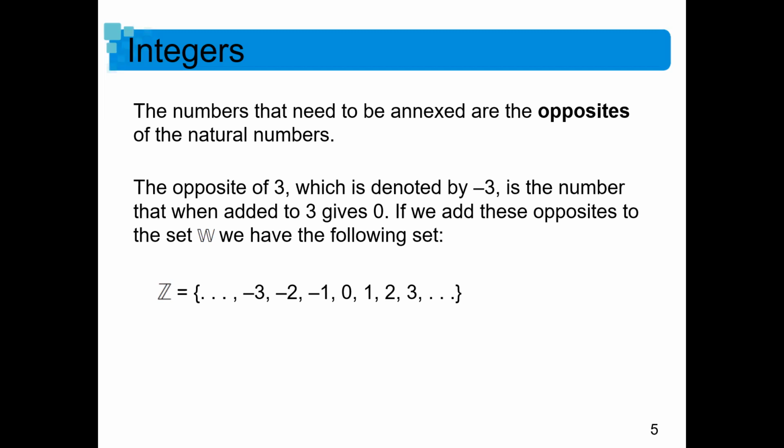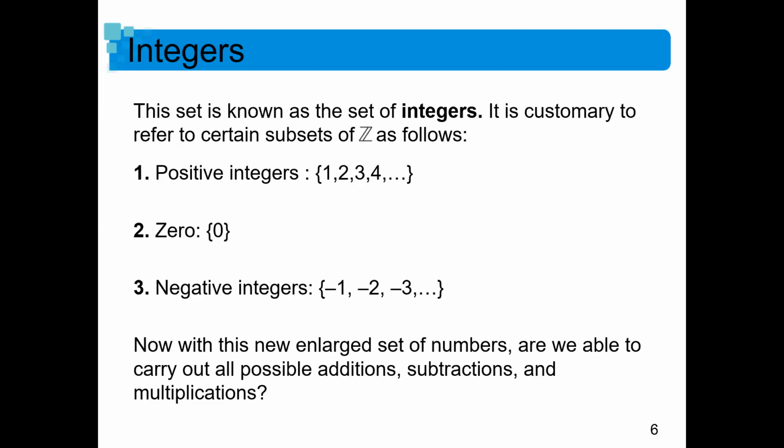So the set of integers is the set of whole numbers plus all the opposites of the positive integers or the natural numbers, which is the negative of those. This set is known as the set of integers.